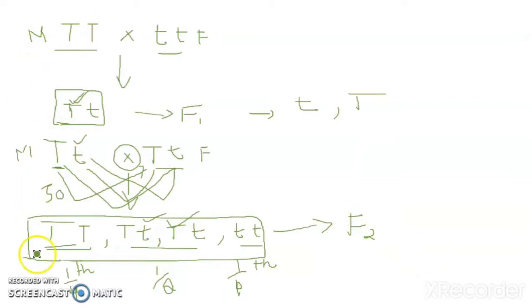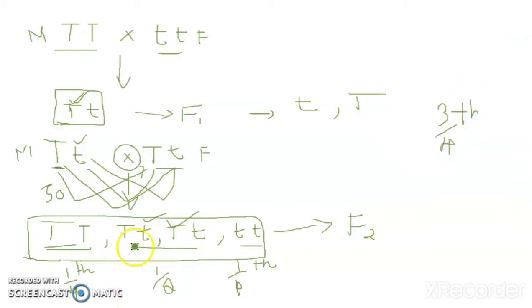Genotypically, 1/4 of them will have capital T capital T, 1/2 of them will have capital T small t, and 1/4 of them will have small t small t. But phenotypically, by the physical appearance, 3/4 of the plants will be tall.